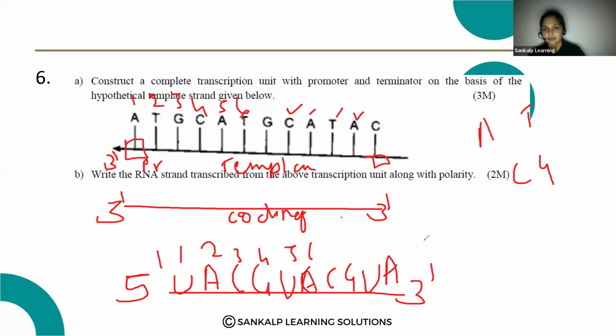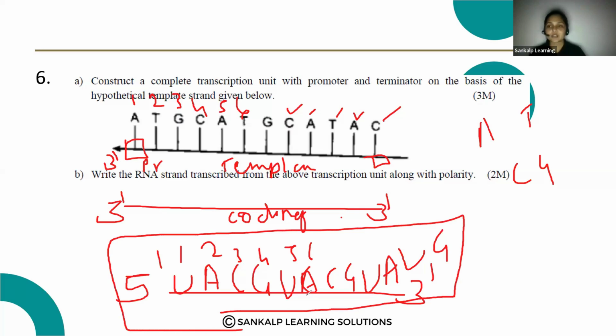Then adenine binds with uracil and cytosine binds with guanine. So this is the mRNA strand, but you should write neatly. I hope you understood how to write it.